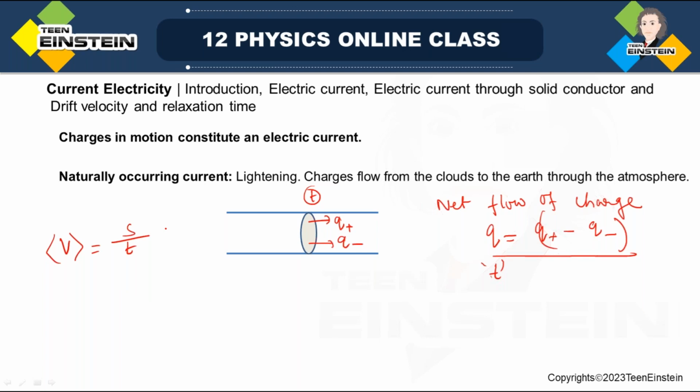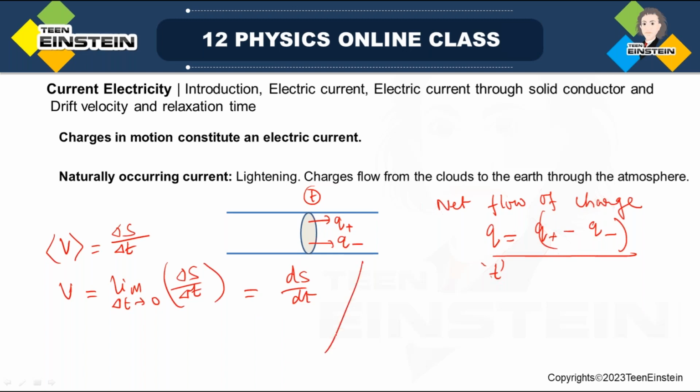We know average velocity over a time interval delta t, so the instantaneous velocity can be written as the limit delta t tending to 0 of delta s by delta t. According to the definition of derivative, it is ds by dt. So this is instantaneous velocity.